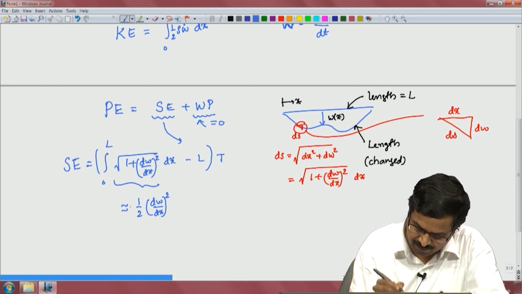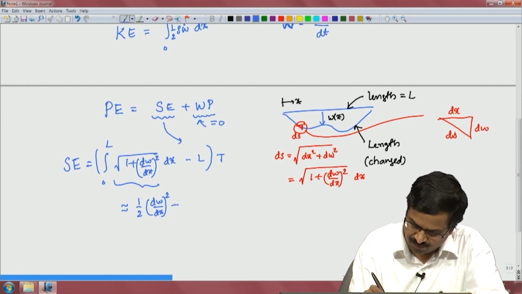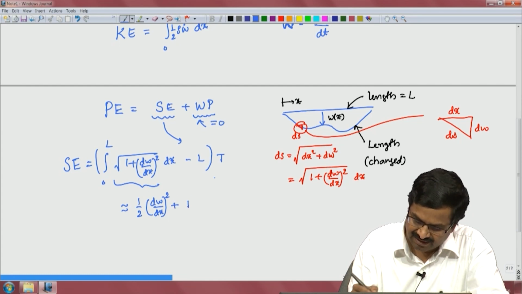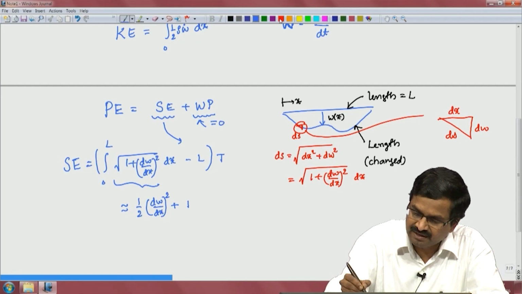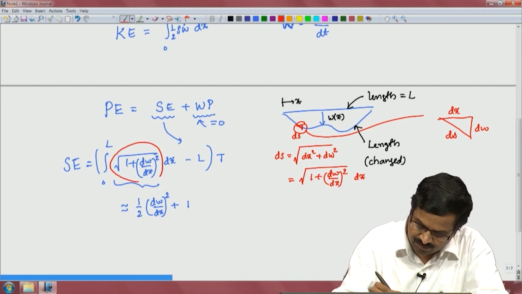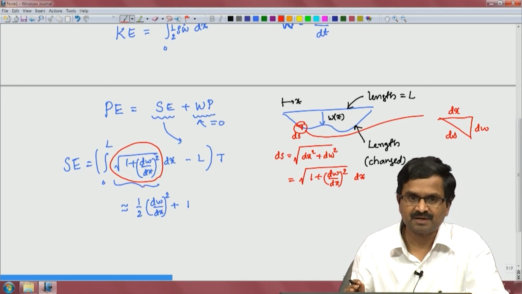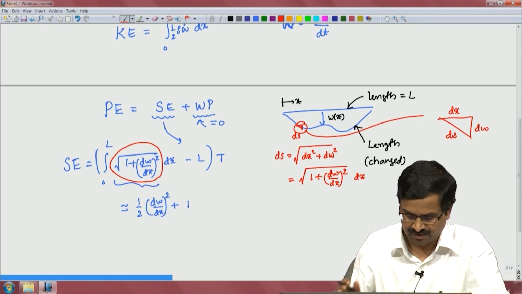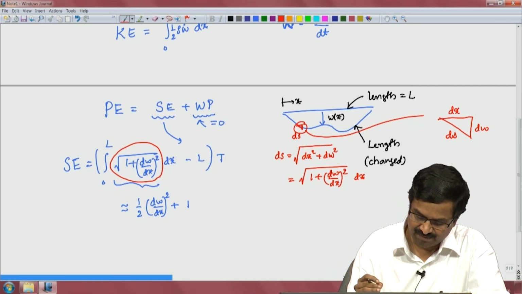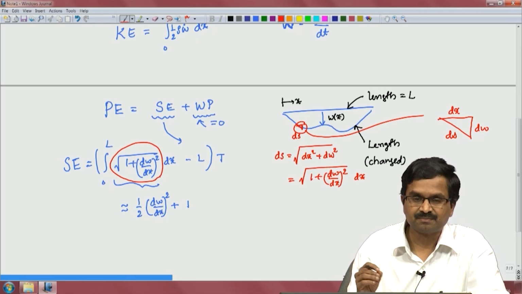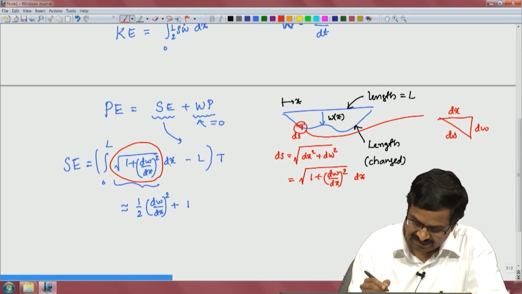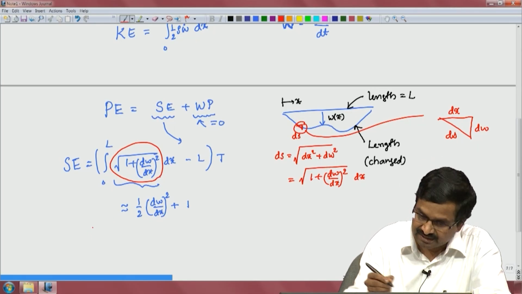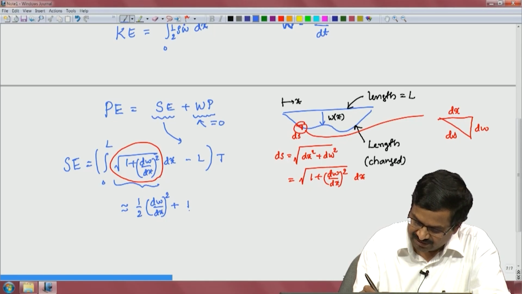When I say I am approximating, I am approximating only this portion. Now, dx is there, and when you integrate the 1, that will lead to L, and that will cancel this L.